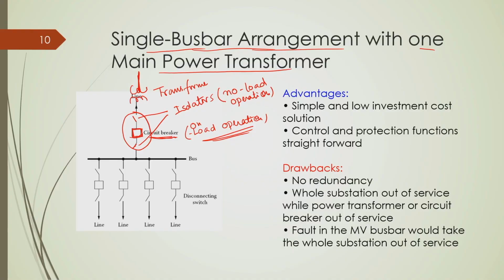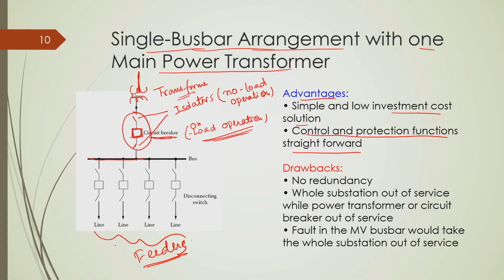Okay. Now, for this particular scheme you can see it is a simple scheme with a low investment cost. It makes the control and protection function straightforward, because why is it a very simple scheme? Because we have only one circuit breaker which is connected to the transformer and to this particular bus, from which these feeders are coming out. These are distribution feeders, and they will go to the individual distribution transformers, and they are connected with them.